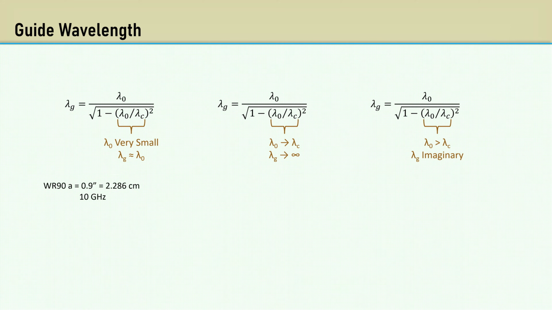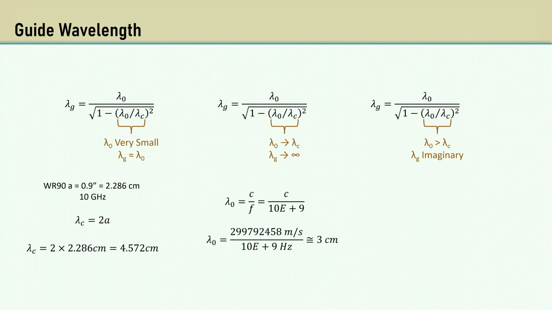Let's calculate waveguide wavelength using WR90 as an example at a frequency of 10 gigahertz. The broad wall of WR90 is 9/10 of an inch, or 2.286 centimeters. As you may remember from the Waveguide Demystified video, the cutoff wavelength, lambda sub c, is 2 times A. That gives us 4.572 centimeters.